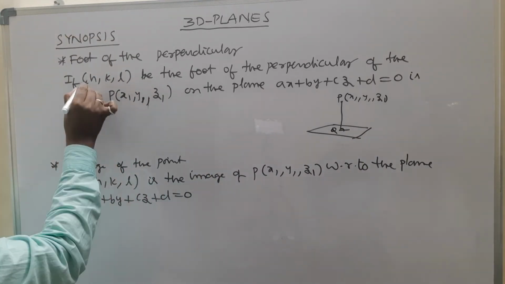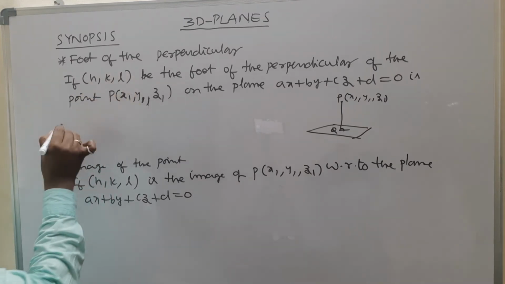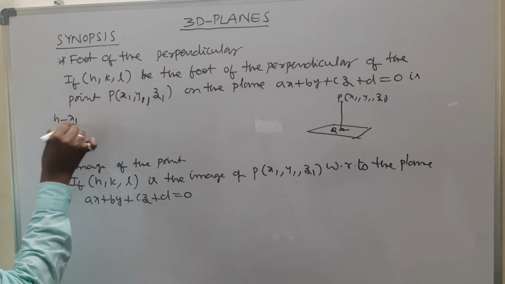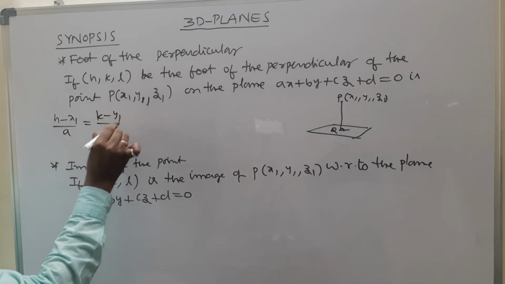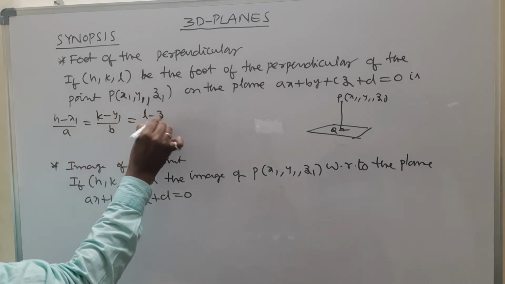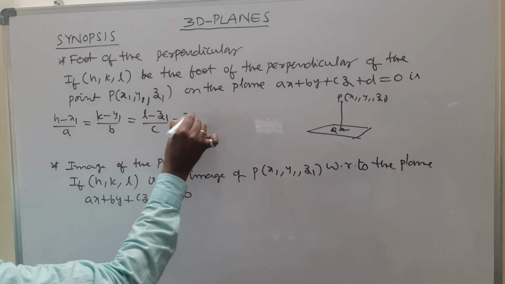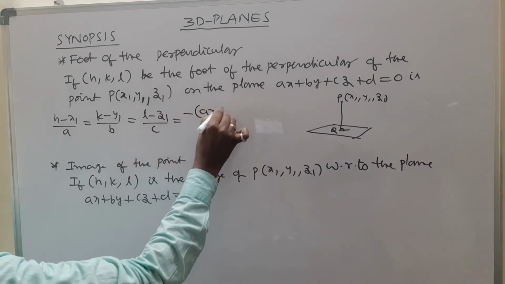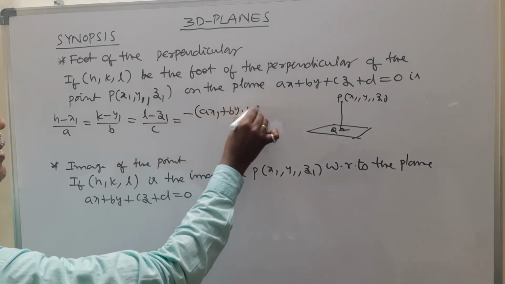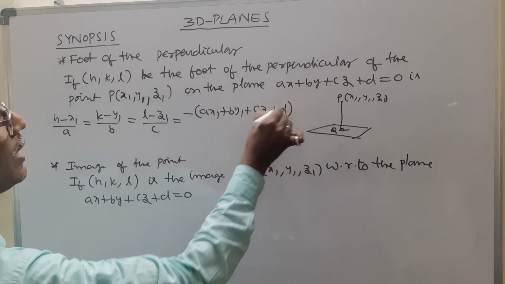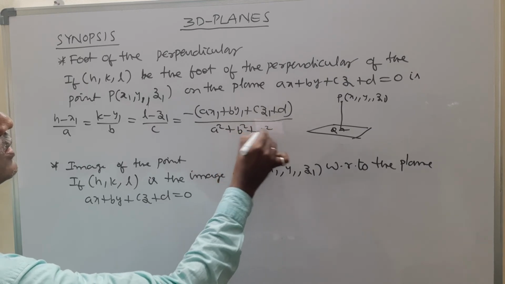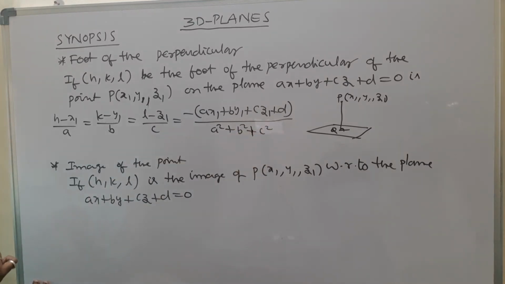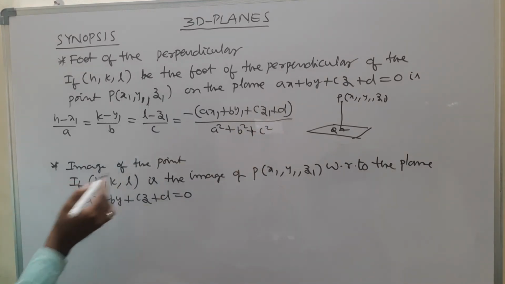Then to find h comma k comma l, the relation is (h minus x1) by a is equal to (k minus y1) by b is equal to (l minus z1) by c is equal to minus of (ax1 plus by1 plus cz1 plus d) by (a square plus b square plus c square). This is the formula.